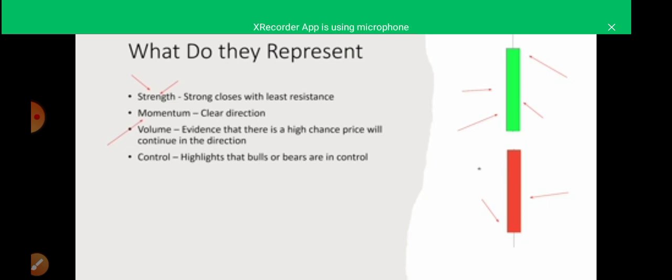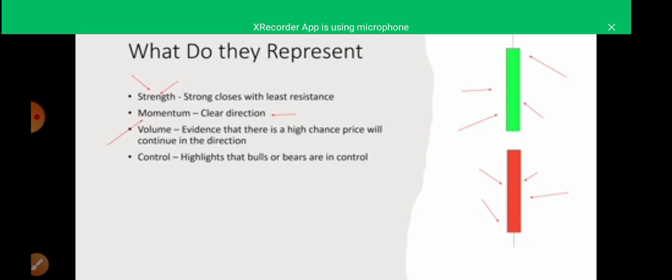And the same with this bearish candle. If this bearish candle closed the way it has, and I said you have one trade left, which direction do you want to take this trade? For the majority of you, you'd probably say bearish. So these momentum candles here represent a clear direction of either the bulls or the bears being in control of the market at this moment in time.